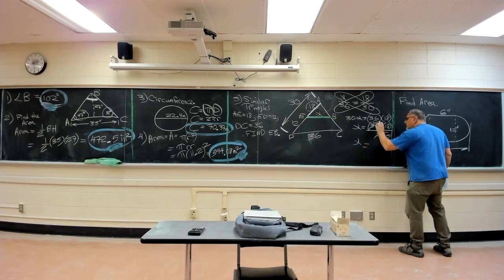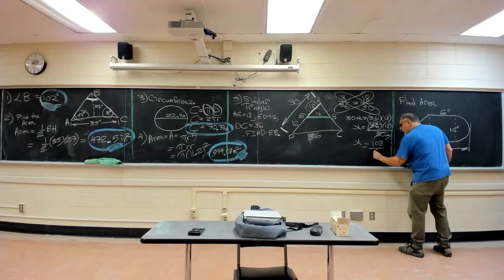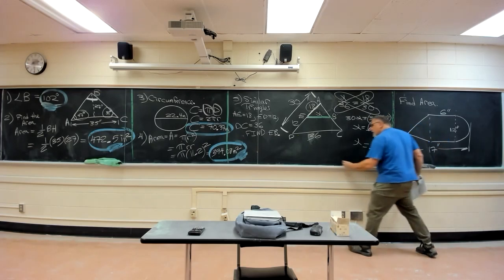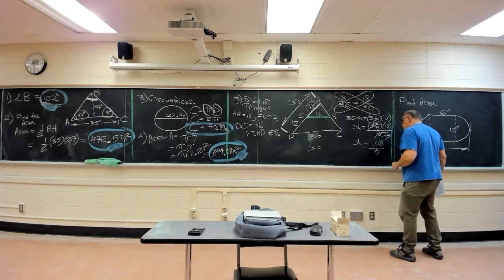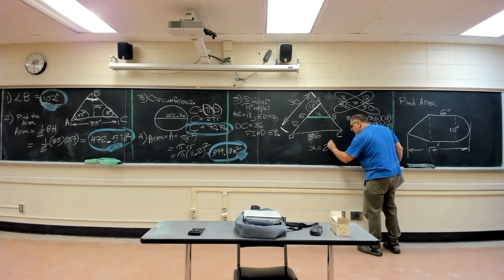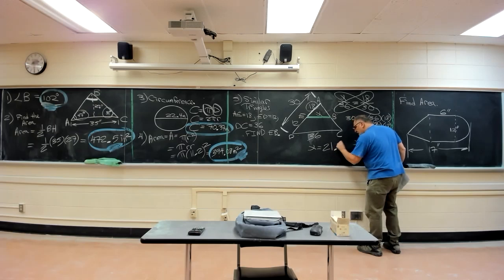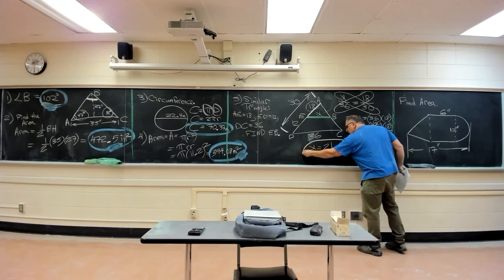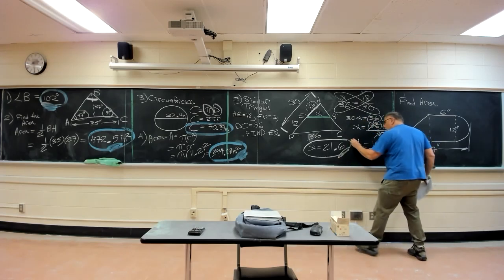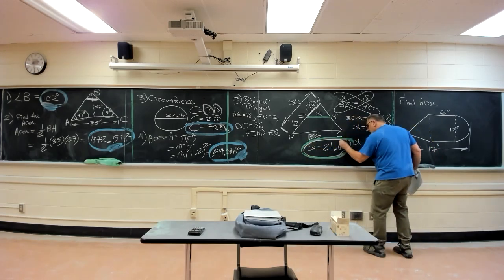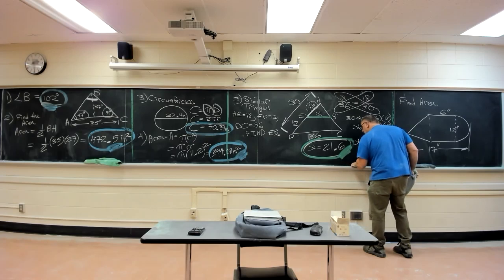And what we have here is 6 times 18, which is 108, divided by 5. 5 goes into here 21 3/5 times. 21 3/5 is this. That is one way you could have done it.